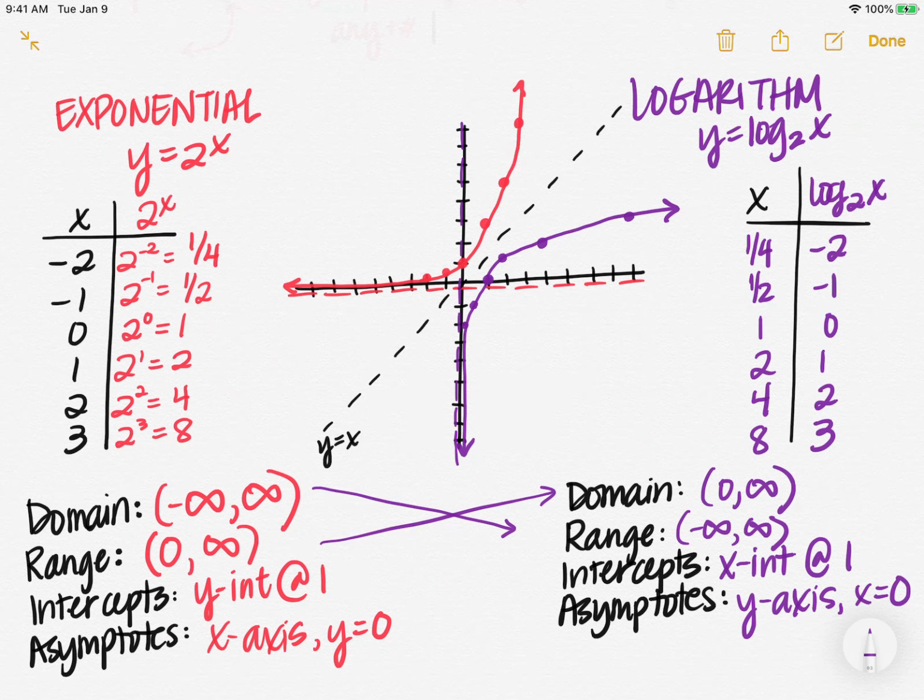Okay, that's all I have for you guys about exponentials and logarithms. Hopefully this tied into what you watched in the video last night. All you have to know at this point is that the only way we can take the inverse of an exponential function is with a log.